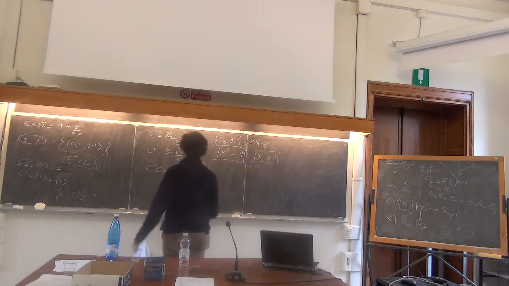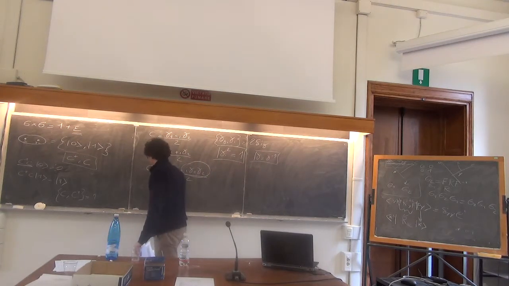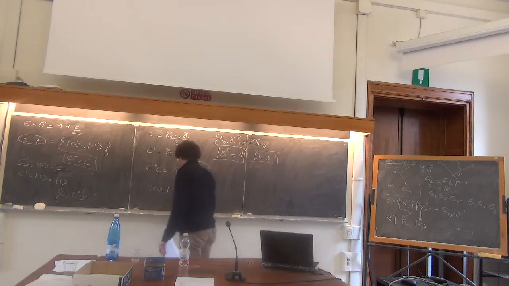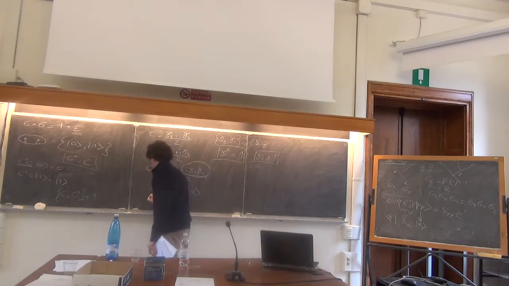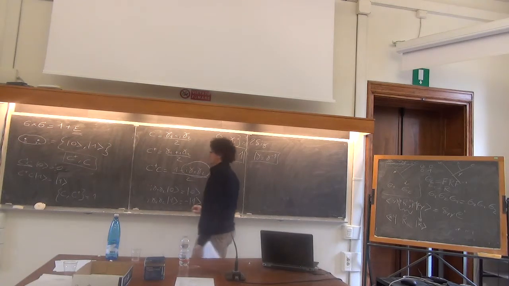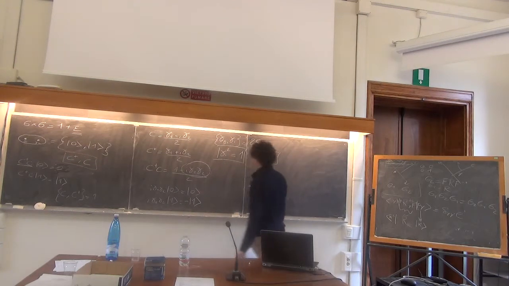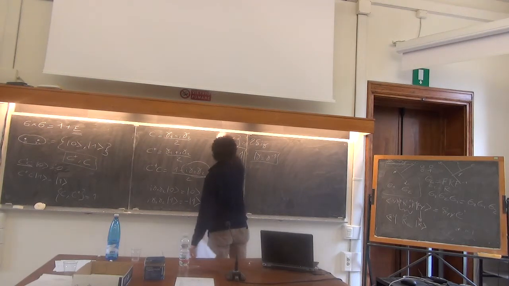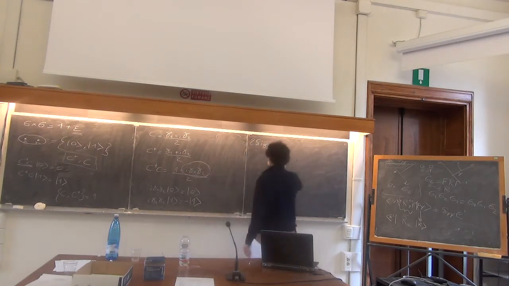Essentially, i gamma 1 gamma 2 on the state 0 is equal to 0, and i gamma 1 gamma 2 on the state 1 is equal to minus 1. So if I want to represent this operator i gamma 1 gamma 2 as a matrix, this is a single sigma z matrix.